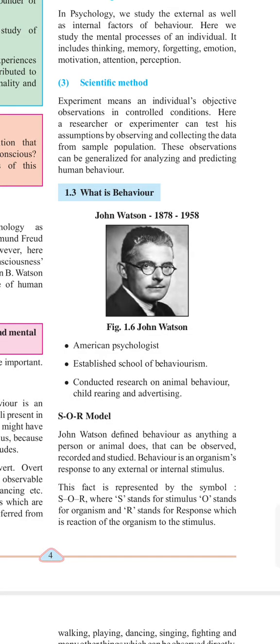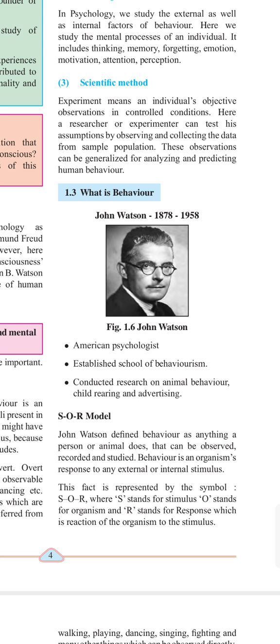Okay, so last time I completed till the scientific method, so we are going to understand 1.3, what is behavior. Behavior, you have understood, has two types: overt behavior, which you can see with your eyes, and covert behavior, which is the feeling of a person.